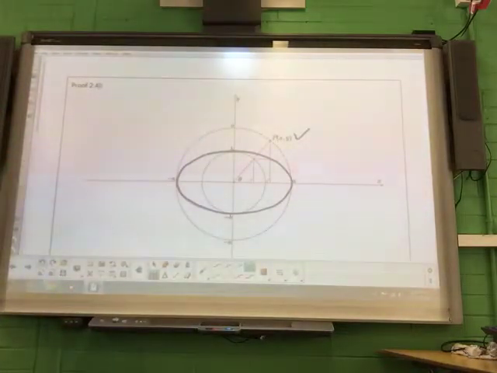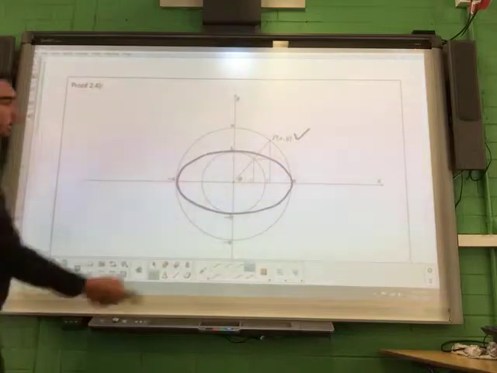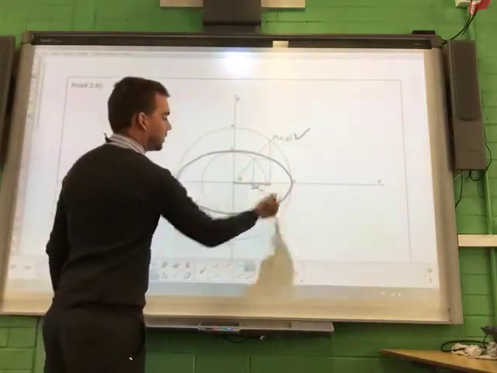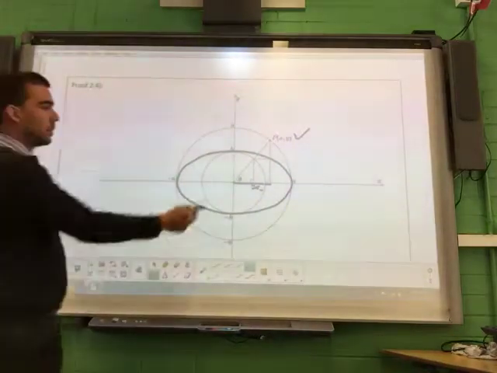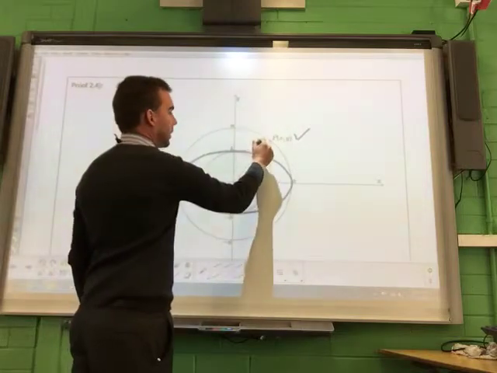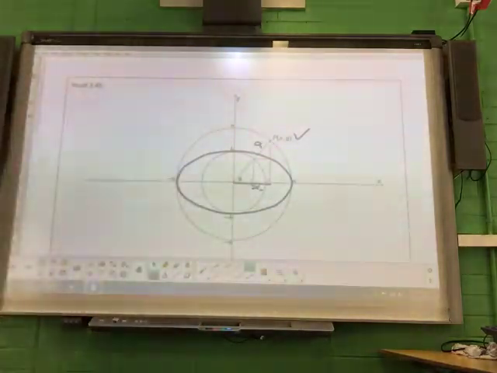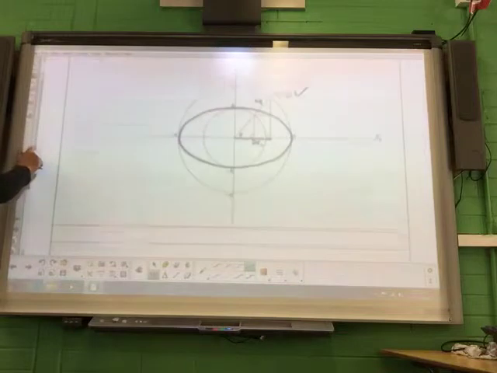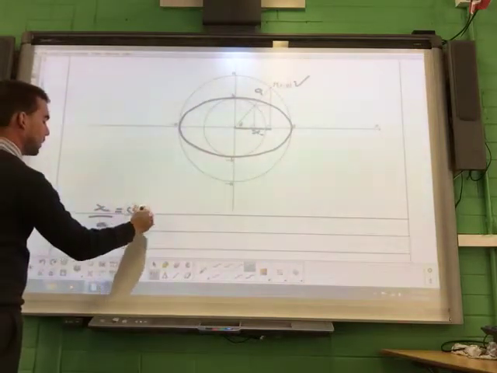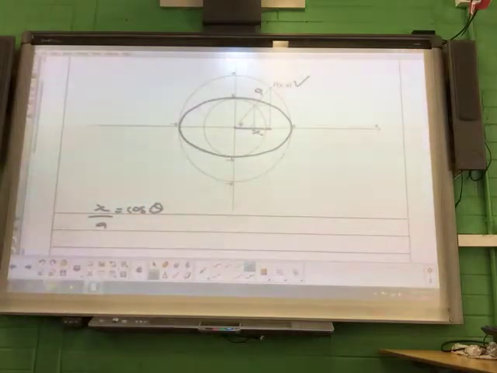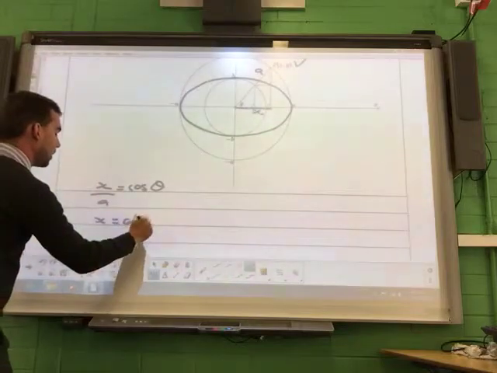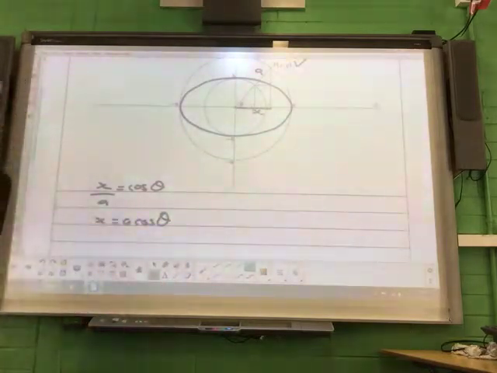Right, so just like before, when we did the x value, we know the distance from here to here has the value for x, and the radius from the centre up to P, for the big circle, is A. So x over A is cos theta, just like the previous page. So x is A cos theta.